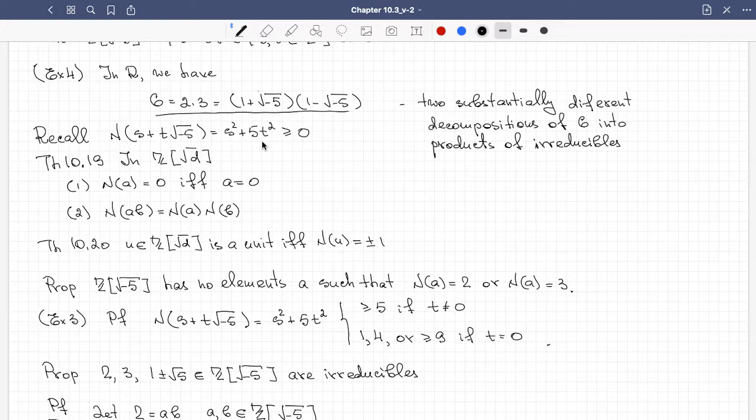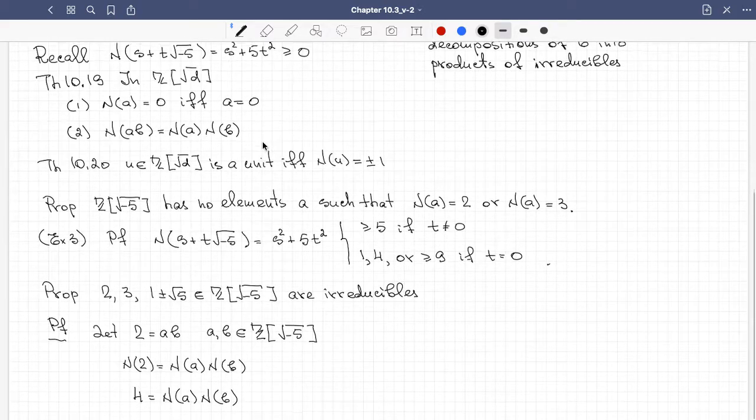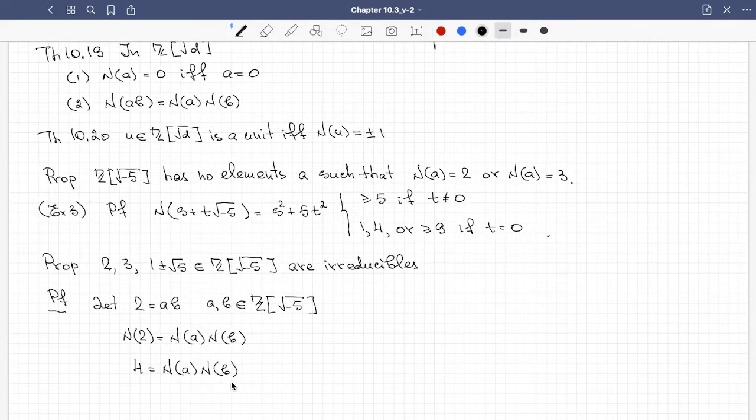It is a sum of 2 non-negative numbers. So 4 is a product of 2 non-negative integers. All norms are integers. The options are 2 times 2 and 1 times 4. Nothing else.